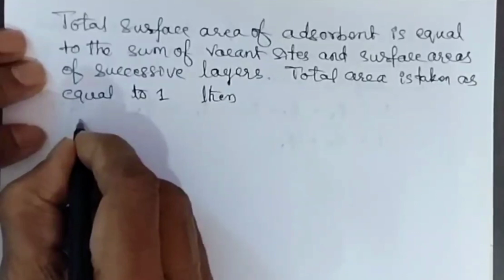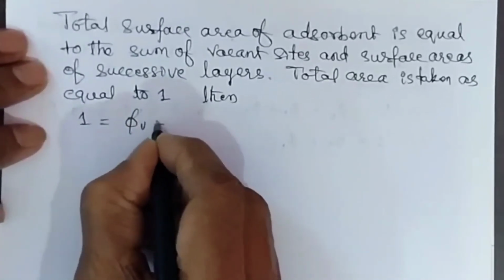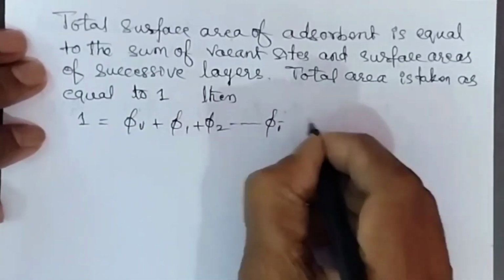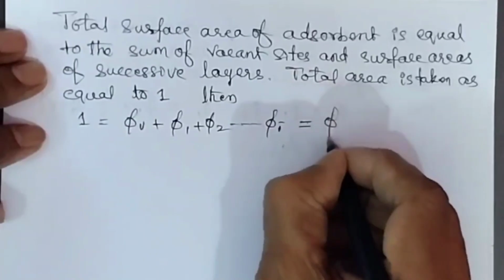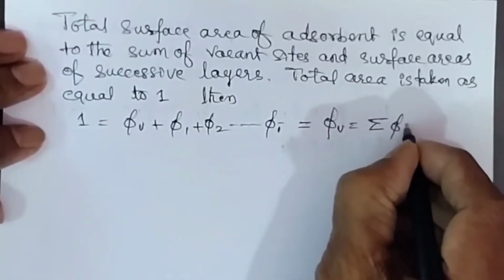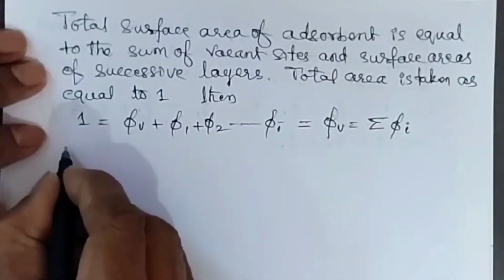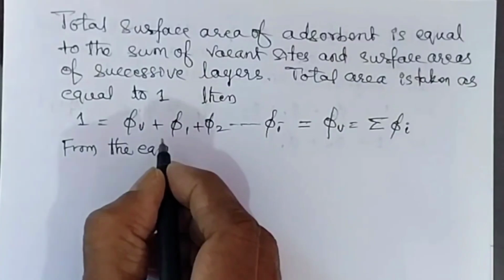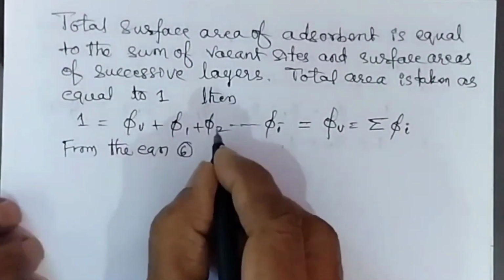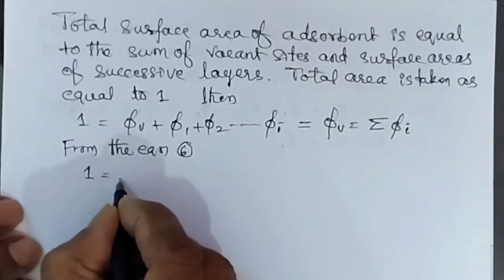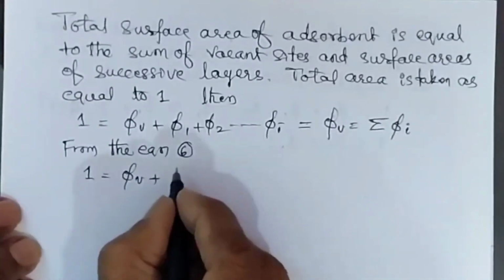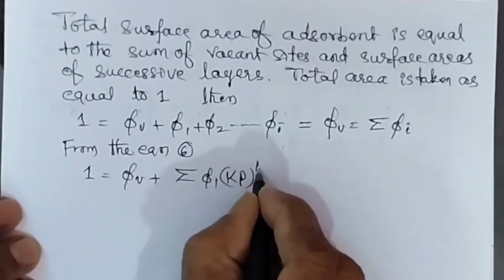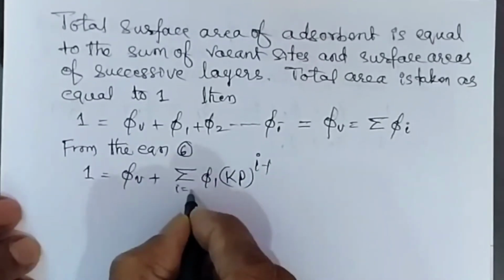Then 1 equals pi v plus pi 1 plus pi 2 and up to pi I, which is equal to pi v plus summation of pi I. From equation 6, 1 equals pi v plus summation of pi 1 into Kp raised to I minus 1, that is I equal to 1 to infinity.